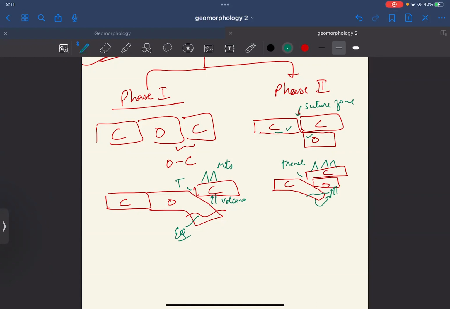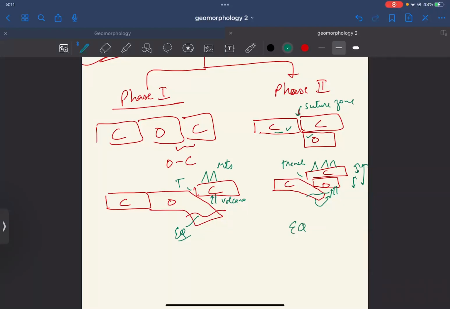So now what would happen? Since the thickness of the continent is greater than the thickness of the oceanic plate, magma has to travel so much distance that it is not able to reach the surface of the earth. So it solidifies before reaching the surface of the earth. It will form intrusive landforms. So ultimately what happens?